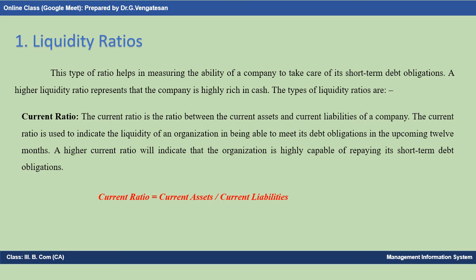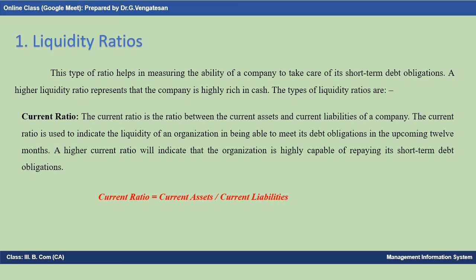In the current ratio, bank overdraft should be excluded from current liabilities when it is a permanent or long-term arrangement with the bank.